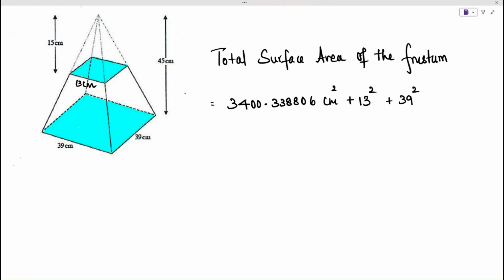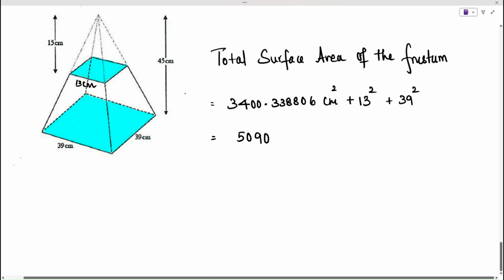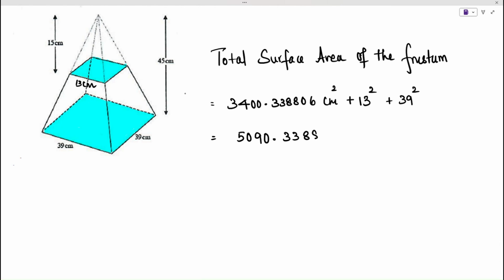And when we add these all together, we get the total surface area of our frustum as 5,090.338806. And in the question, it asked us for the nearest whole number. So the answer that we would write in our exam would be 5,090 centimeters squared.